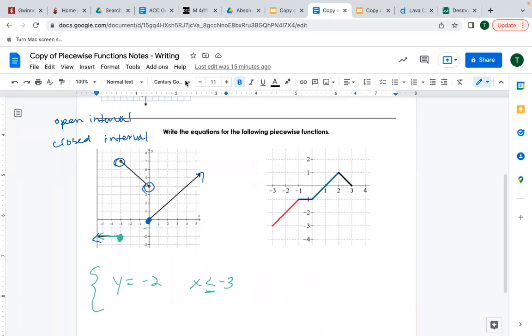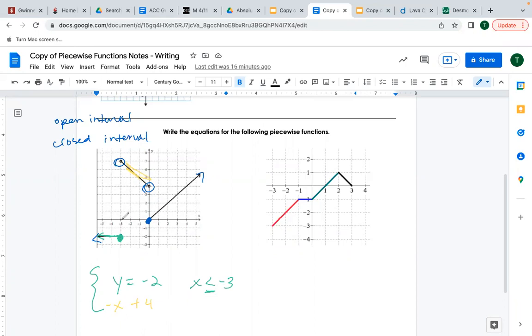Then the next piece we're going to look at is this piece right here. We're going to write an equation for this line. Well, our y-intercept is 4, and it's going down 1 over 1. So this is going to be -x plus 4. Now, where is that happening from?